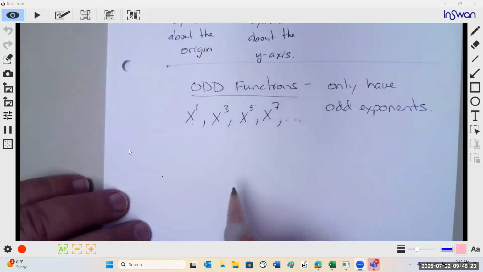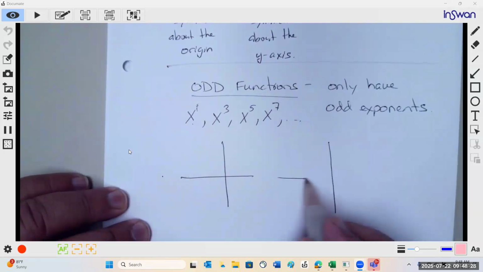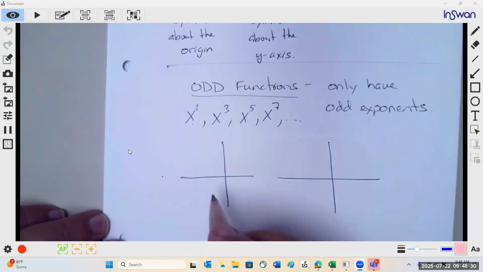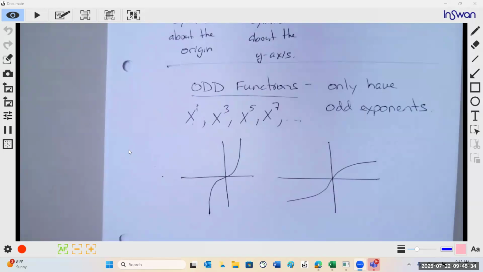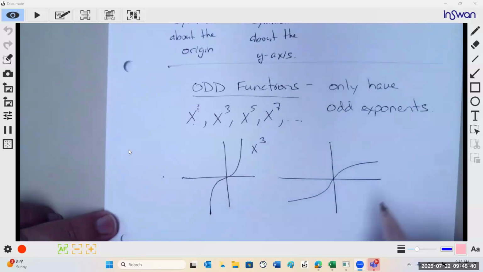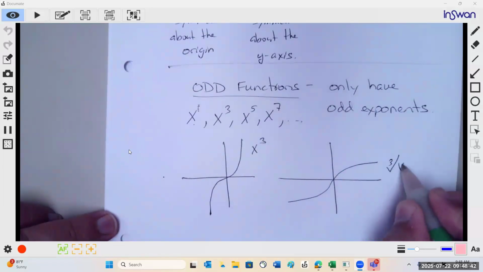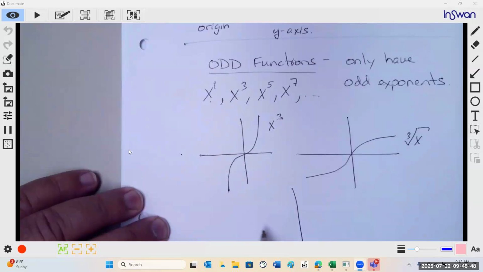We've seen that. Have we seen these equations before? Yes. This is x cubed. This is the cube root of x. Well, we've seen the third one also.